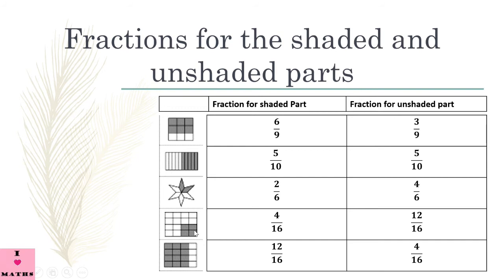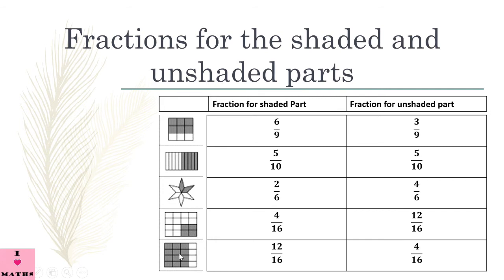This rectangle has been divided into 16 equal parts. Out of the 16 parts, 4 parts have been shaded. So the fraction for the shaded parts is 4 upon 16. And since 12 parts are unshaded, the fraction for the unshaded parts is 12 upon 16.